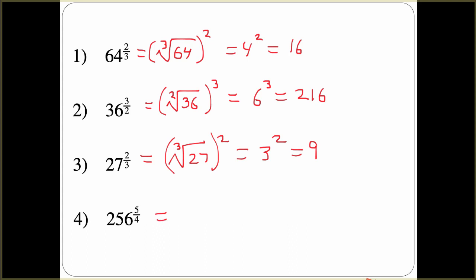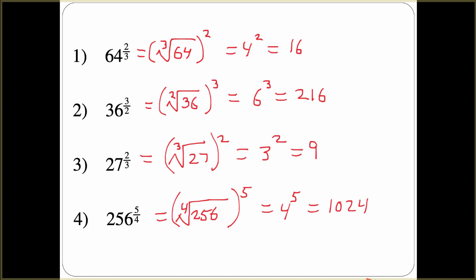So we are going to have the 4th root of 256 all raised to the 5th power. And if you take the 4th root of 256, you get 4. Then we have 4 to the 5th power, which is 1024.